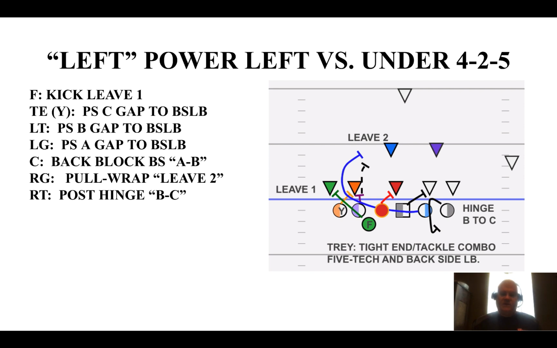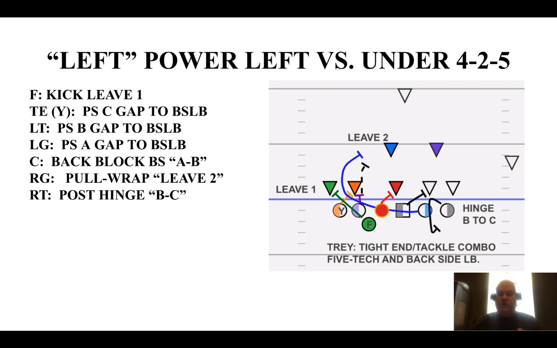So with that, we have a 5 level 1 defenders. The F now will block the 9 technique, the backer that walked up. We're going to run a tray combo, tight end tackle combo on the 5 technique and the backside guard.